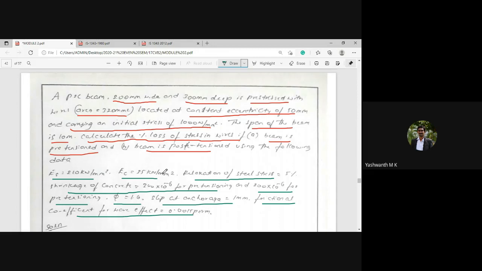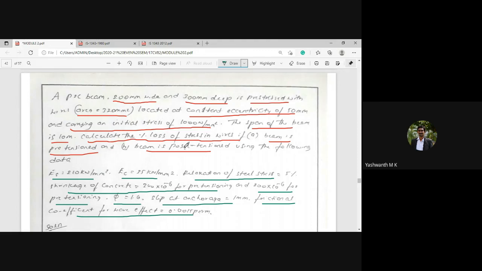And what you need to calculate? What will be the percentage loss of stress in the wires for a pre-tension beam and for a post-tension beam? So first thing, when they give the problem, the very important thing you need to observe here is the type of beam, whether it is a pre-tension beam or a post-tension beam.